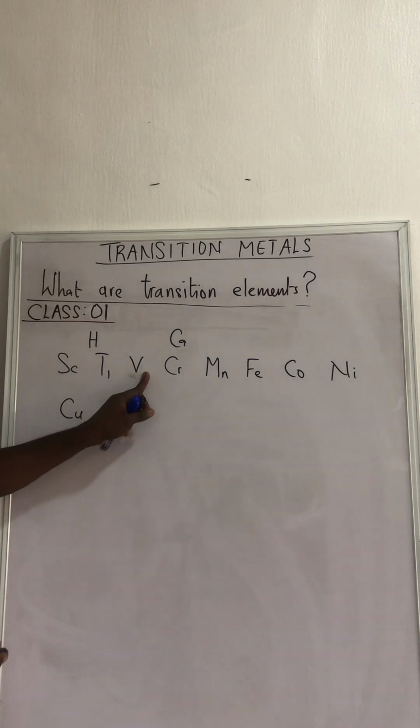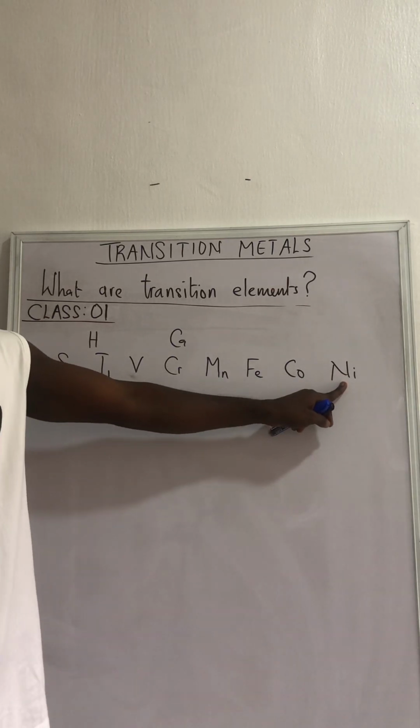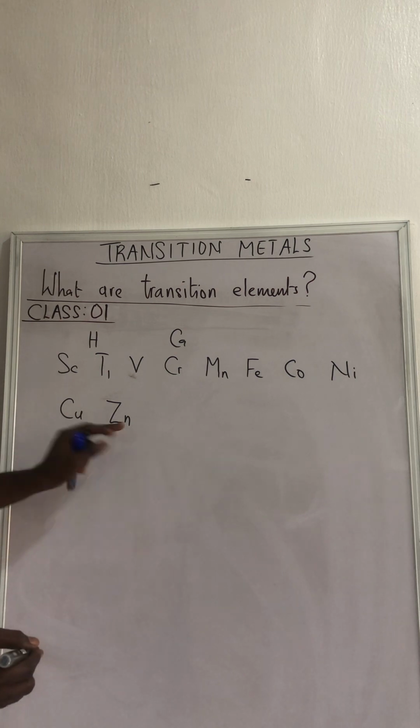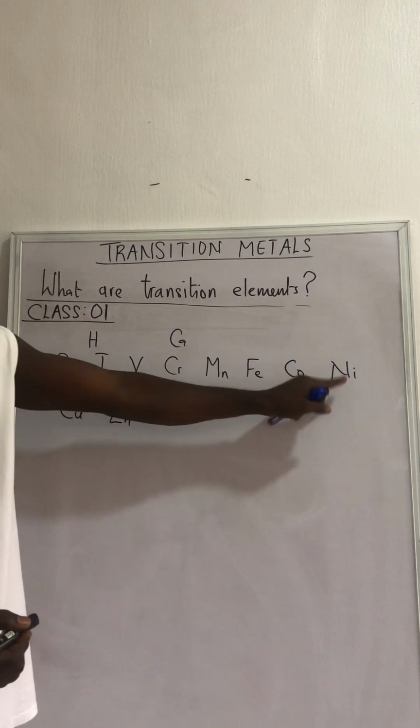Scandium, titanium, vanadium, chromium, manganese, iron, cobalt, nickel, copper, zinc. Are they 10? 1, 2, 3, 4, 5, 6, 7, 8, 9, 10.